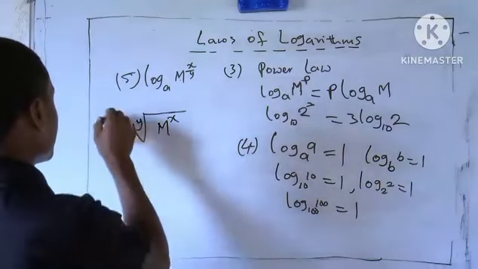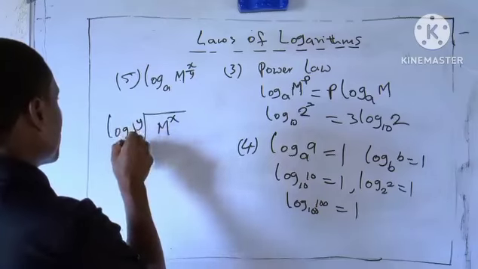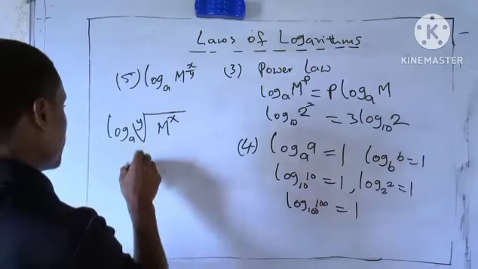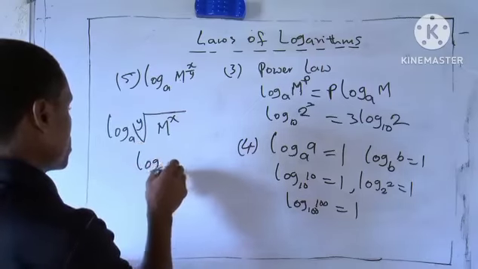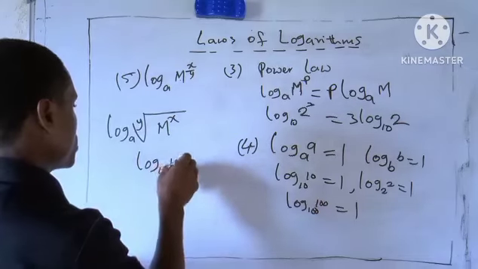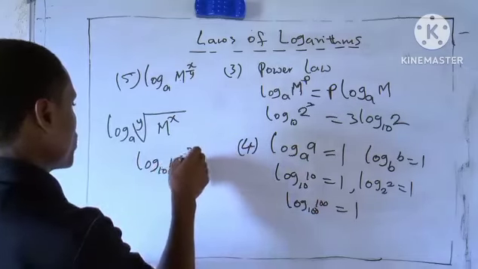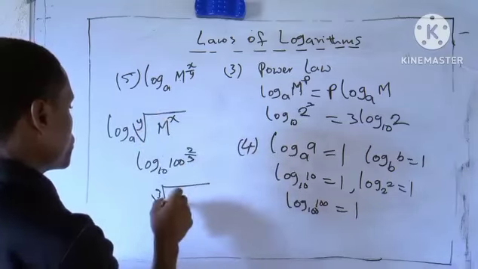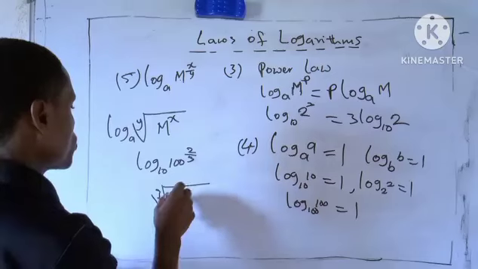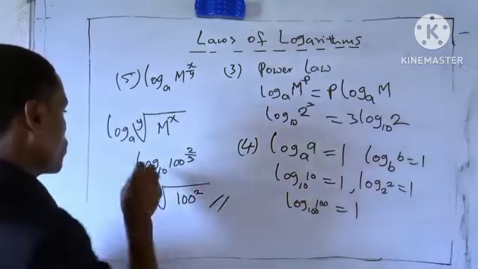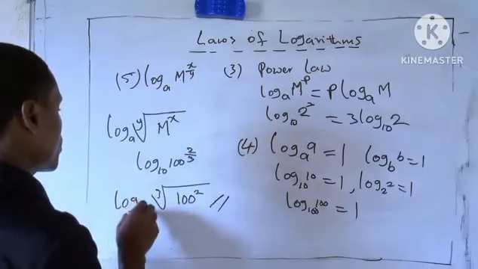Okay, let's use numbers. Let's say we have log base 10 of 100 raised to power 2 all over 3. The same way, you write the cube root of 100 squared, and we have log here.